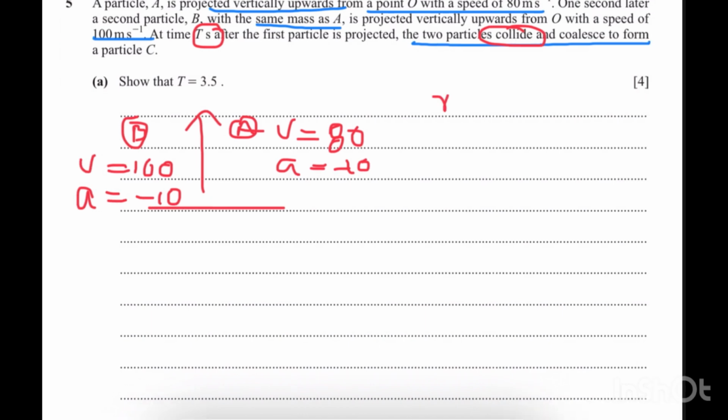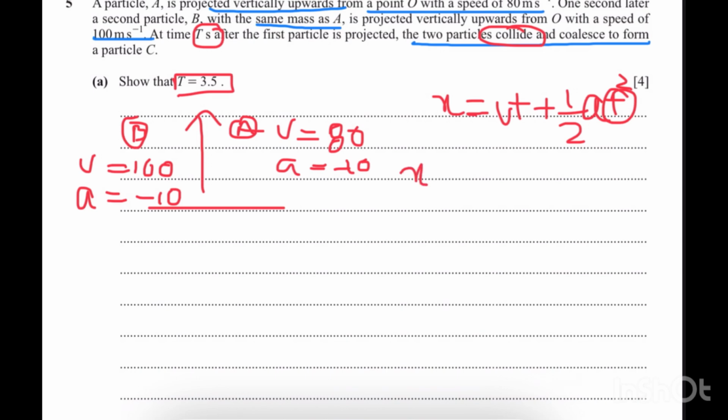The kinematics formula: displacement or distance is equal to ut plus half at squared. In this equation, t will be the time at which they collide, which will also be the time for which they both cover the same distance.